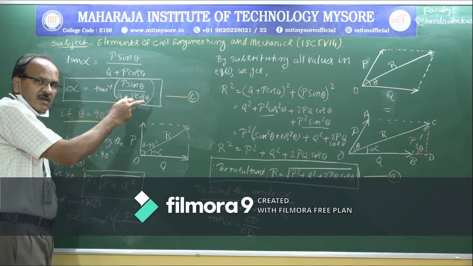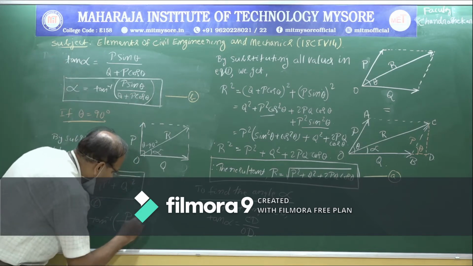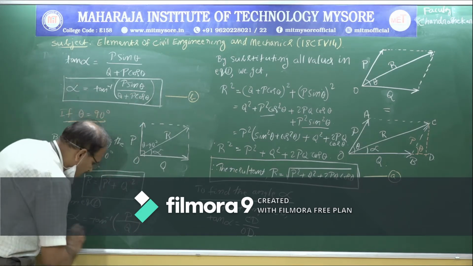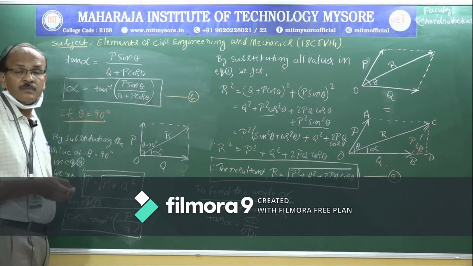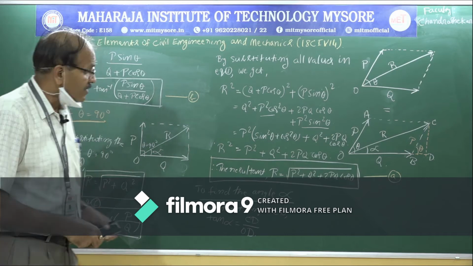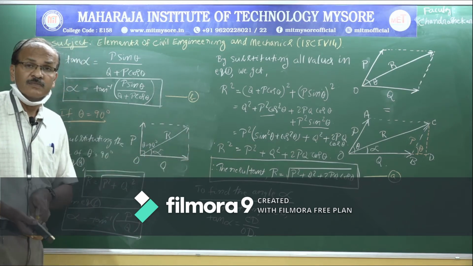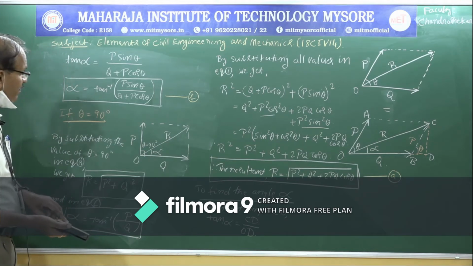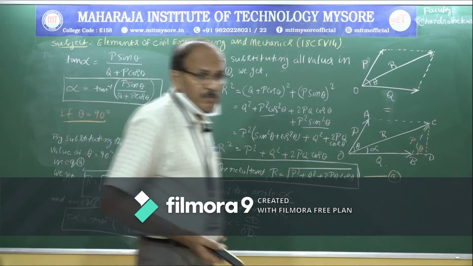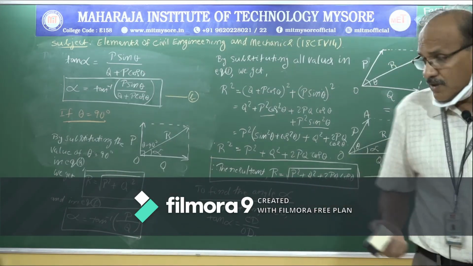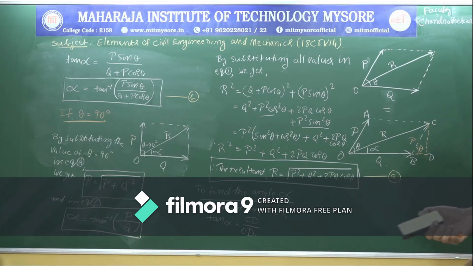Cos 90 is 0, this will become 0. So tan inverse of P divided by Q is the angle made by the resultant with respect to the horizontal here. I hope this is clear. So this is the parallelogram law of forces and its proof.